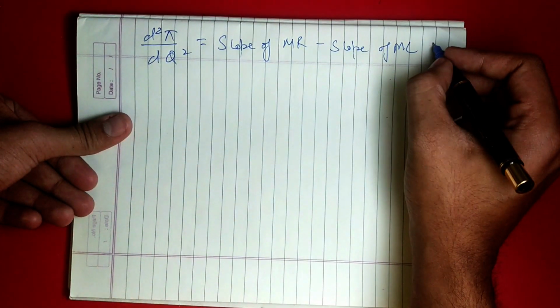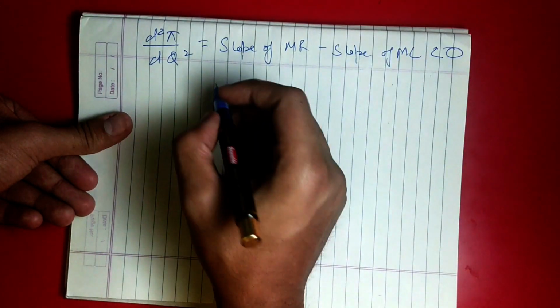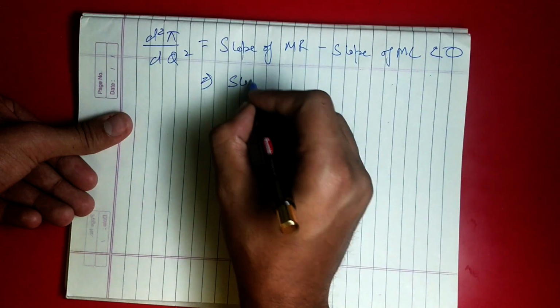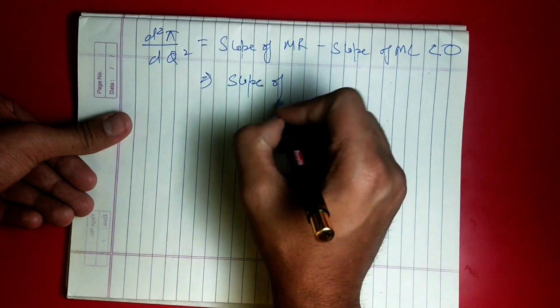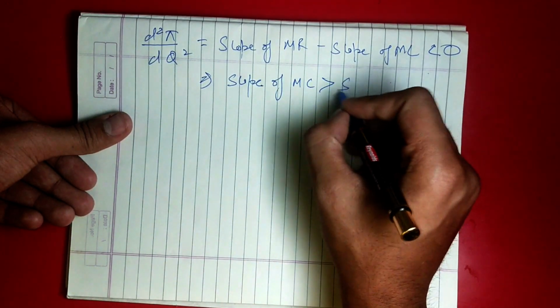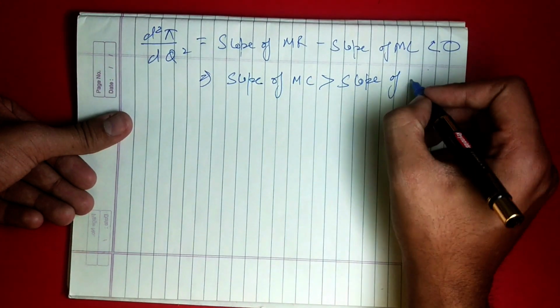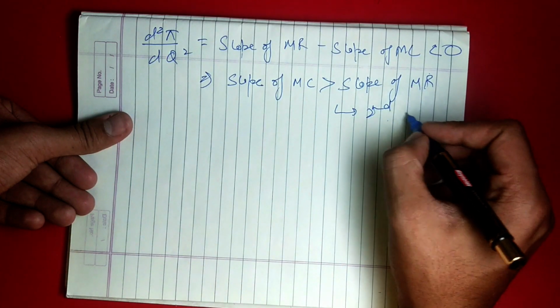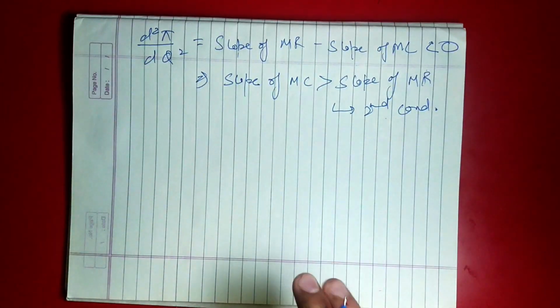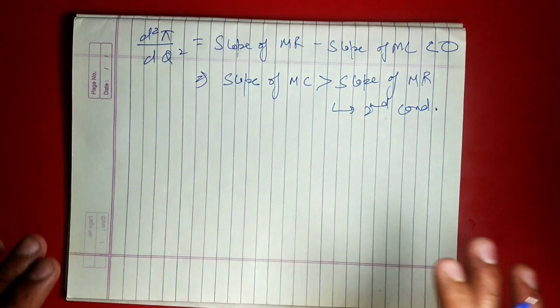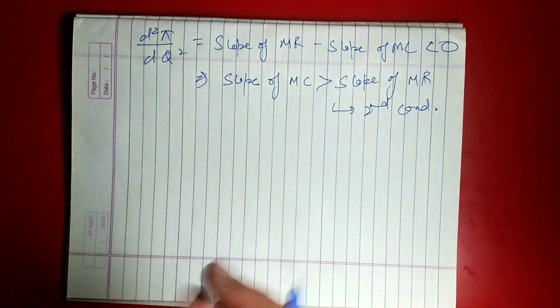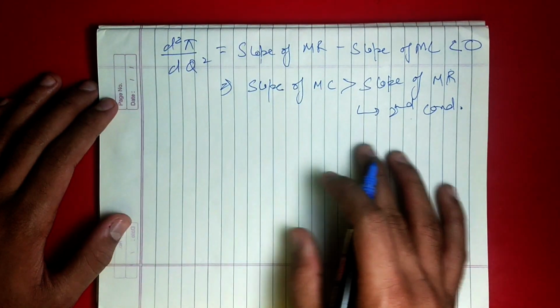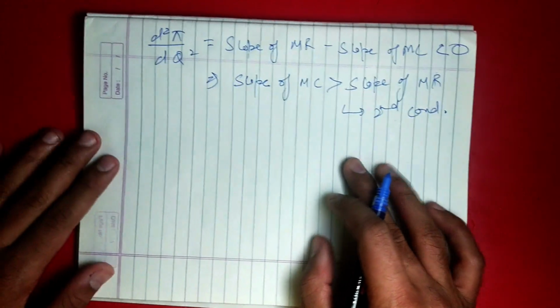So what will happen? Less than 0 implies slope of MC should be greater than slope of MR. So we got our second condition. These are the two conditions which a monopolist follows to achieve its equilibrium quantity and price.